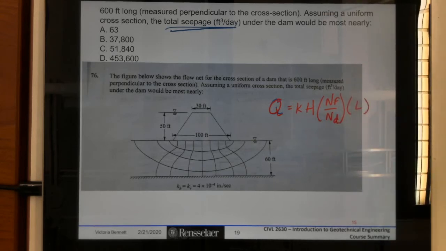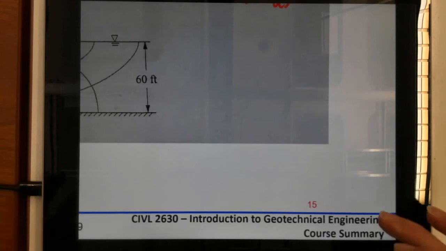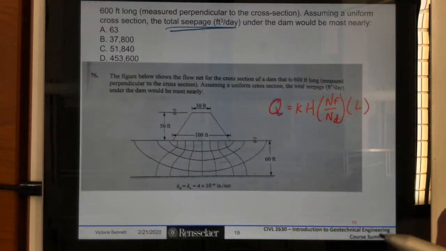So I point this problem out because it was offered as an example problem. If I were to think about it without being too creative in my thinking, I would have looked at, so what is this shape factor piece? N sub F is the number of flow channels, N sub D is the number of equipotential drops.